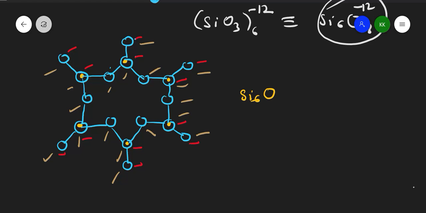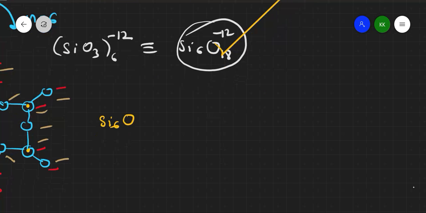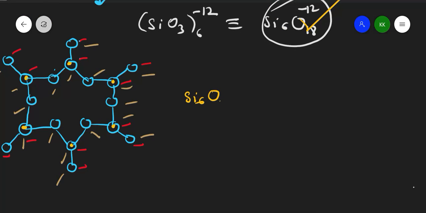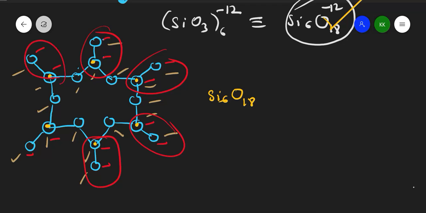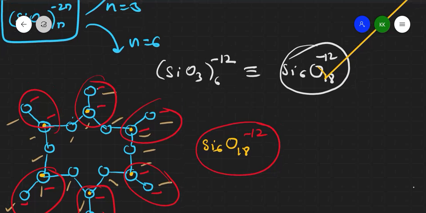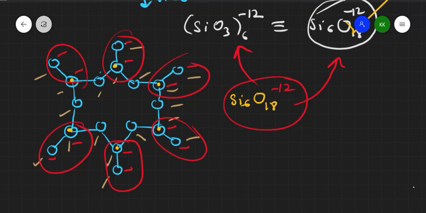So this will be Si6O18. If you count the negative charge, each has two: 2 4 6 8 10 and 12, minus 12. So we had planned the same thing, and we got the same. This is what we have got, and its structure is like this.